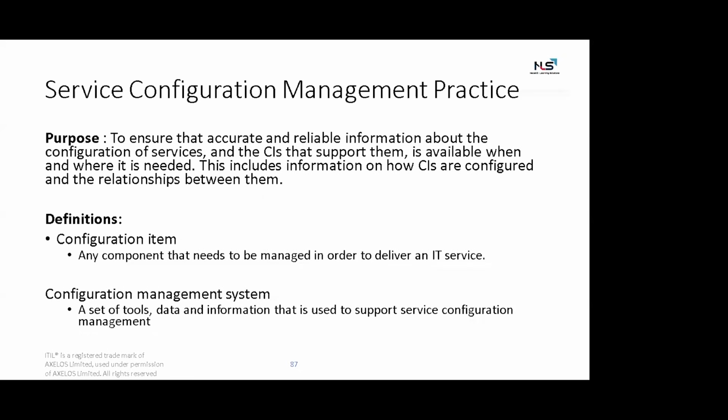Next, the configuration management system. The configuration management system is a set of tools, data, and information used to support service configuration management, and under it the master database is called the CMDB. So what other tools and data do we have? The configuration management system will have licenses, license keys, and supporting documentation.